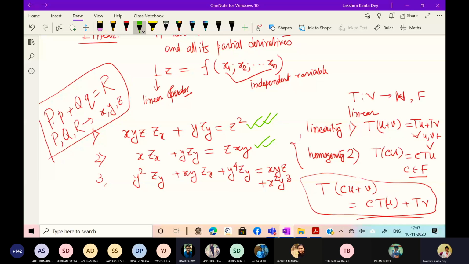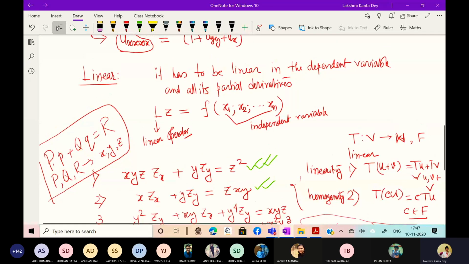See, in case of the third one also, z is dependent and x and y are independent variables. And you have the definition, there are two versions. The first version is that it has to be linear in the dependent variable as well as all its partial derivatives. Another version is in terms of a linear operator: if we can find a linear operator L such that the given PDE can be written as Lz equal to small f of x1, x2 up to xn.